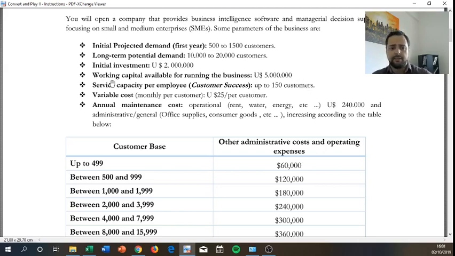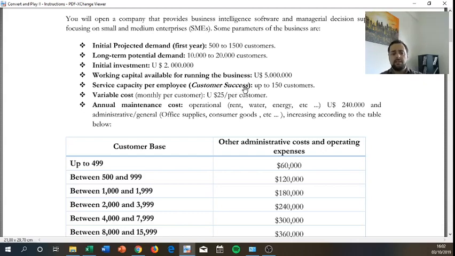Also, one of the first decisions is to choose how many customer success employees will work in the company.